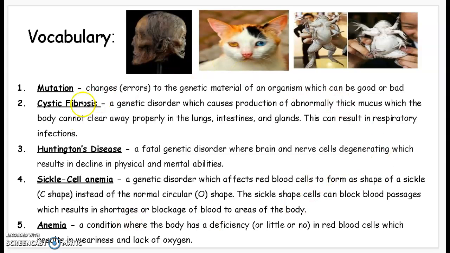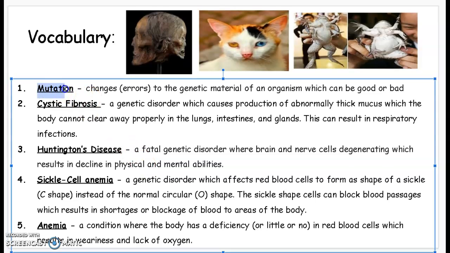Now, this vocabulary slide has all the vocabulary that I have covered. But the most important one I want you to understand is the word mutation. Most people think of errors, but a mutation is a change to the genetic material of an organism, and it can be good or bad.